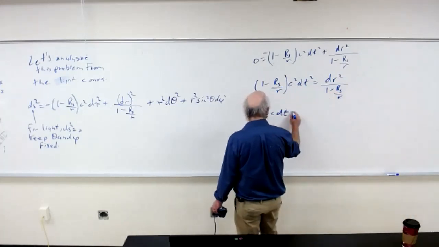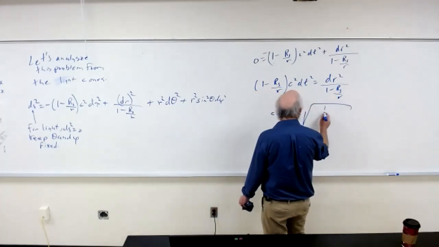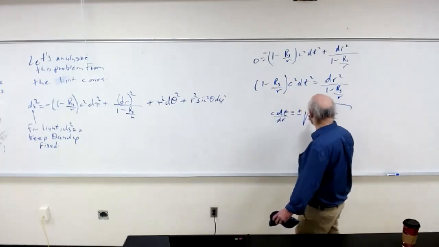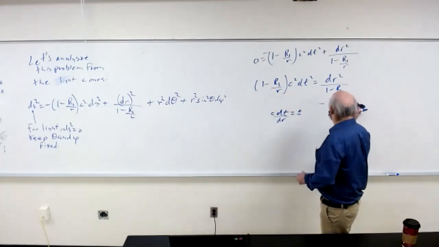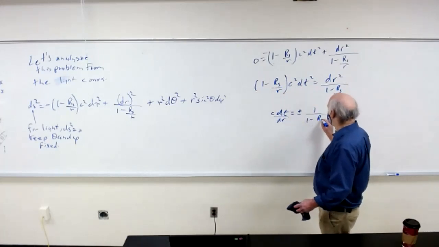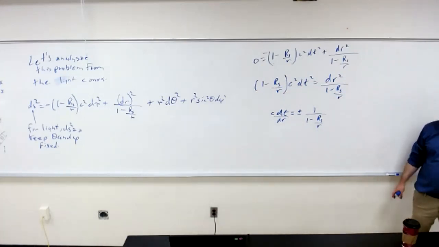So this is going to be plus or minus the square root of this over dr. Taking the square root kills that part there. Does that make sense?